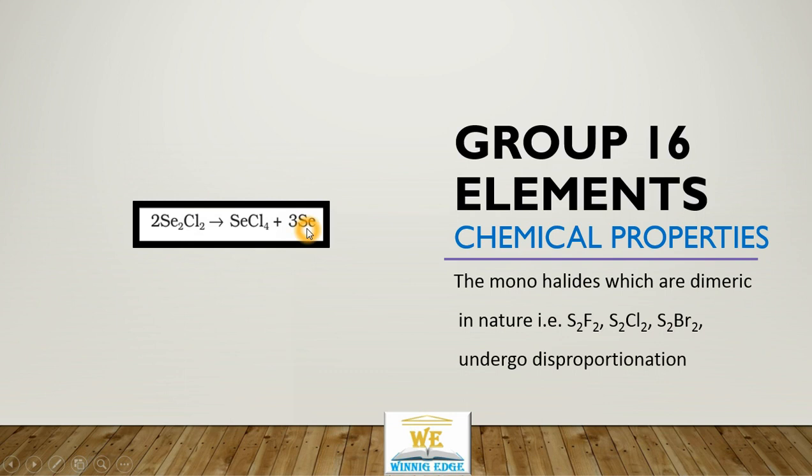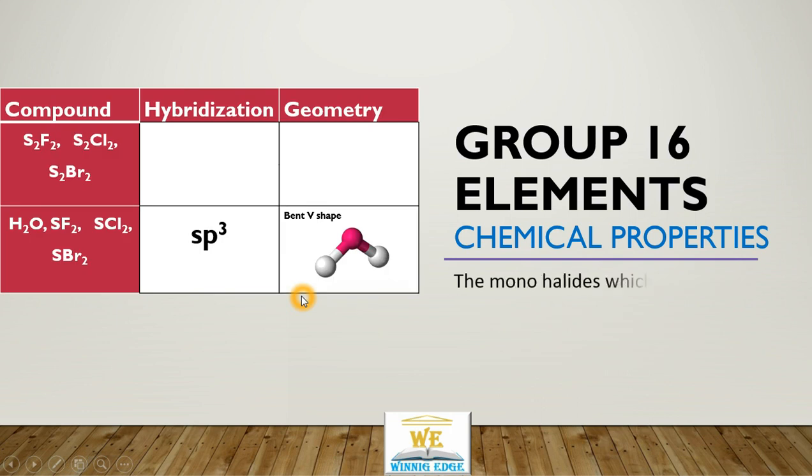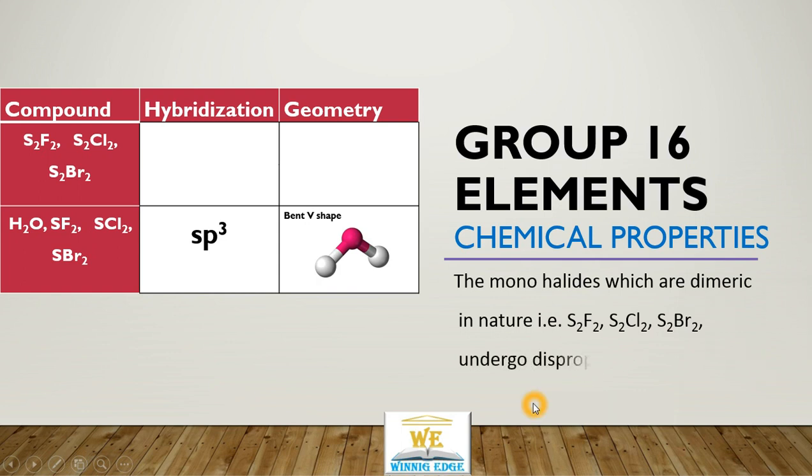So from +1 it got reduced, and selenium also makes a tetrachloride, which is oxidized. Both are stable oxidation states, as a result of disproportionation of these monohalides. We know these go through disproportionation.